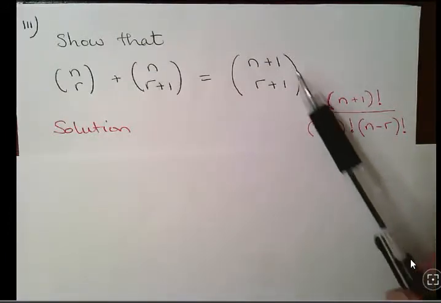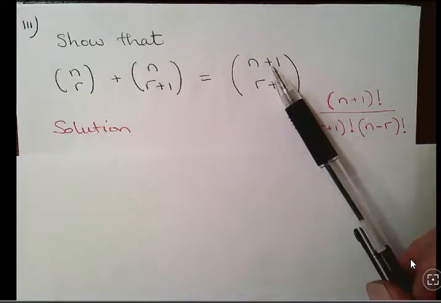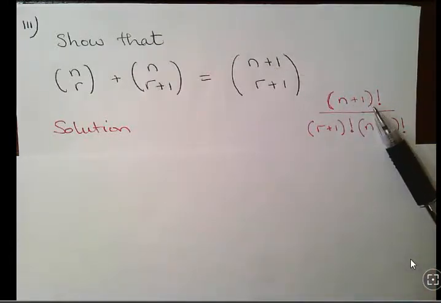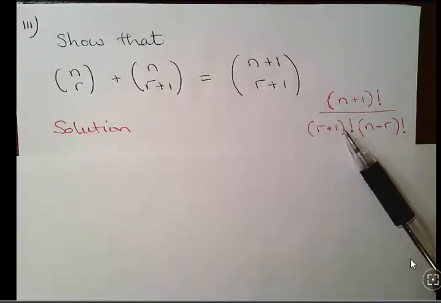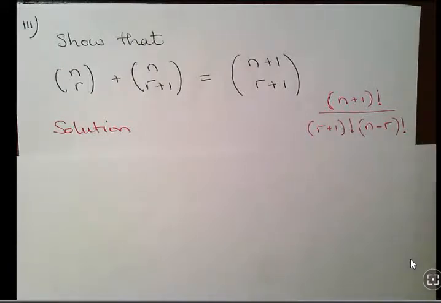Now, when I evaluate this n plus 1 choose r plus 1, I should get n plus 1 factorial over r plus 1 factorial times n minus r factorial. Just as a remark, what should happen in these instances is that the argument for the factorial in the first part plus the argument for the factorial in the second part should add up to n plus 1.